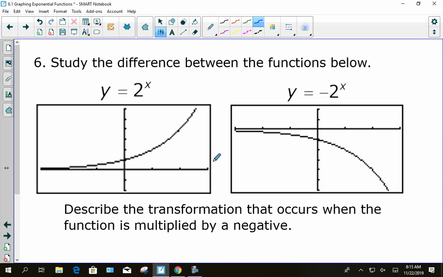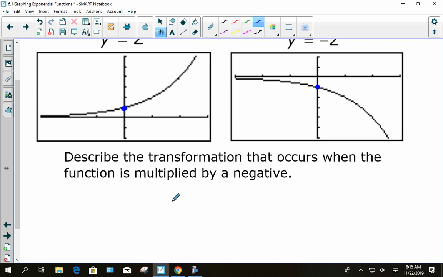Describe the transformation that occurs when the function is multiplied by a negative. What happens when this is negative? What happens to your function? It gets inverted over the x-axis, right? But I'm going to say the y-intercept changes from positive to negative. So your y-intercept here is now negative. Here it was positive.